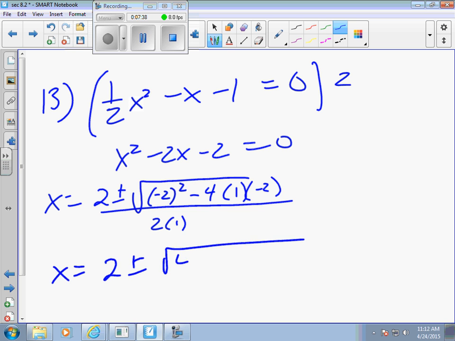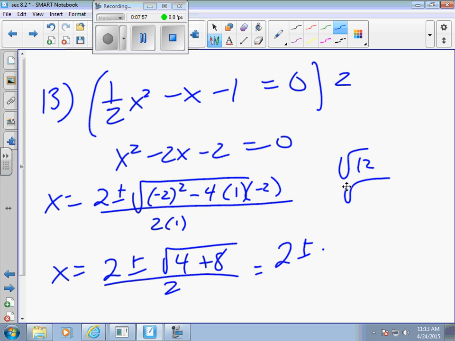Negative 2 squared is 4. Negative 4 times 1 times negative 2 gives me positive 8, over 2. And simplify, I get 2 plus or minus. Now the square root of 12 is the same as the square root of 4 times 3, which is the same as 2 root 3. So I'm going to write this as 2 root 3 over 2.